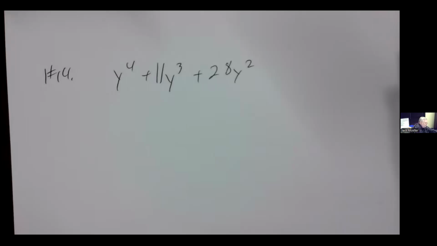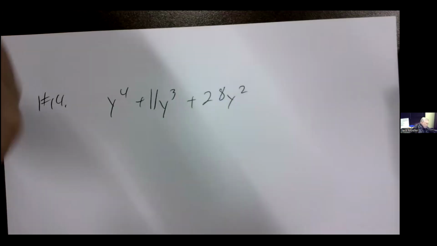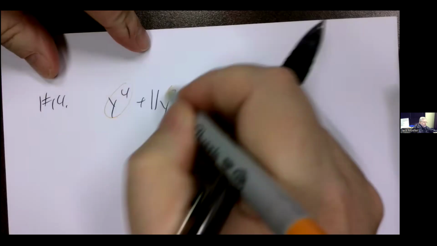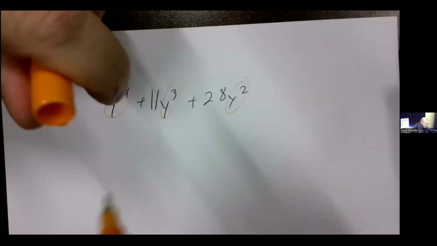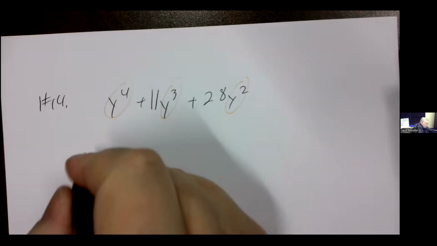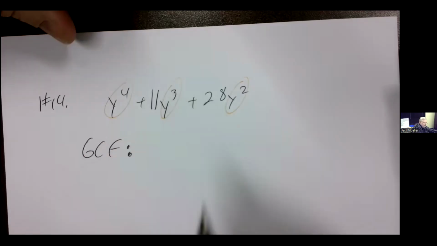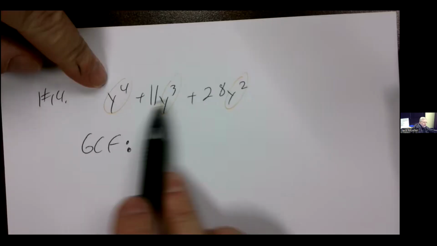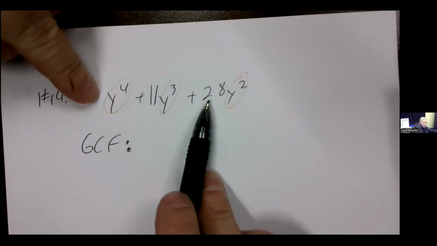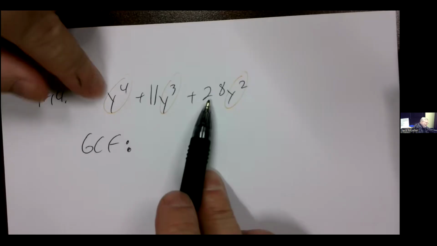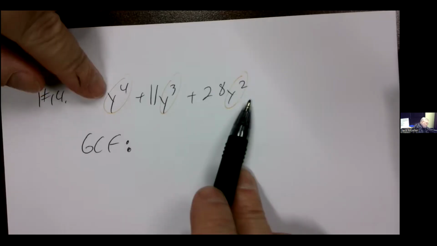When you look at it, there's a y in all of them. So there's definitely a GCF here. Now there is no number GCF because there's just a 1. But remember, GCFs could be numbers, variables, or both. In this case, it's just a variable because they all have y.